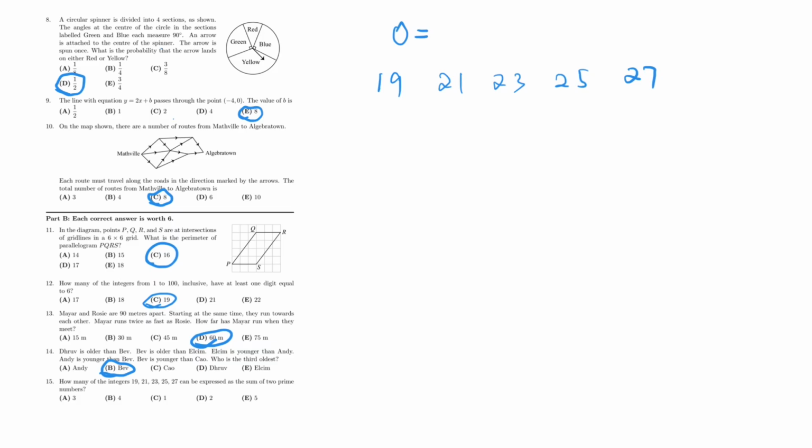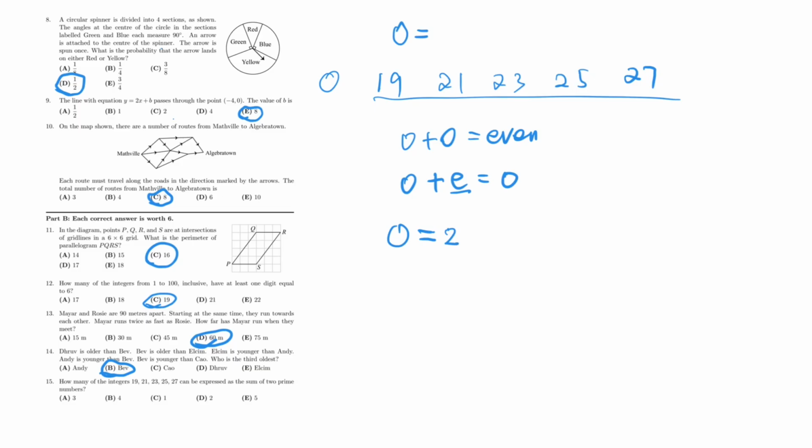Odd number, right, has the two prime numbers. So we know odd plus odd is even. So they must be odd plus even to give us an odd number. So these 5 odd numbers must be written as 2 plus a prime, because for the even numbers, only 2 is prime. So we write as 2 plus the prime number.